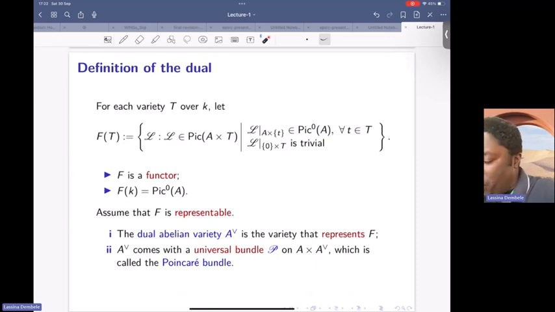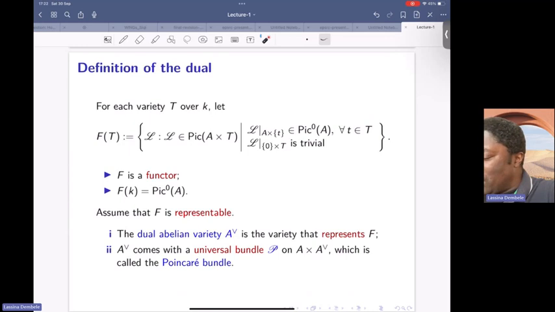In order to do this, we introduce the following functor. For any variety T over K, we define F of T to be the line bundles L defined on A cross T which satisfy these two conditions.